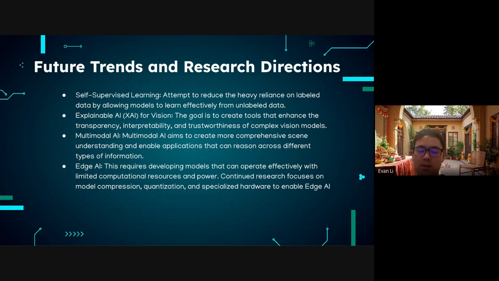This trend promises to significantly reduce the reliance on labeled data, making computer vision more scalable and adaptable to new domains where labeled data is scarce.